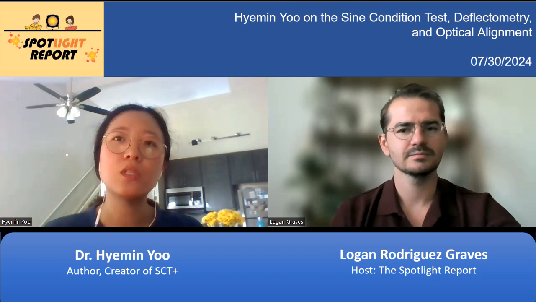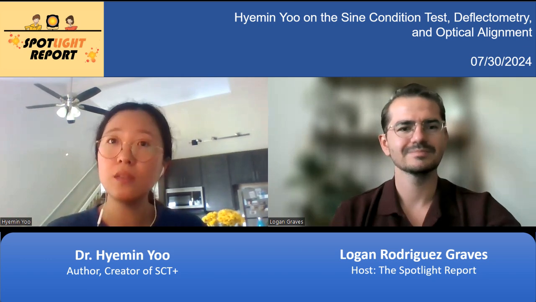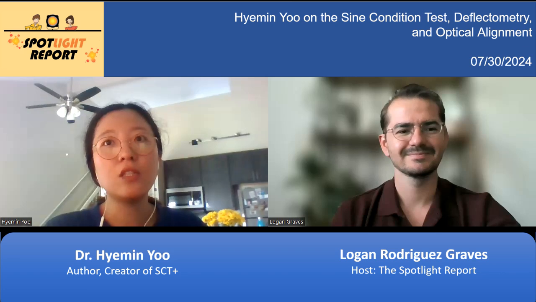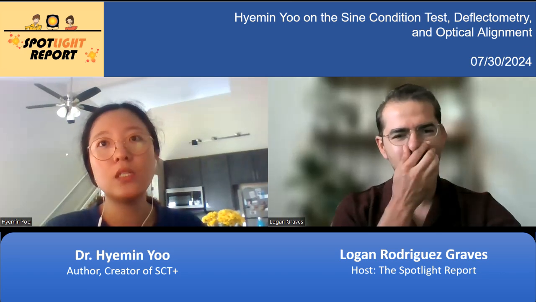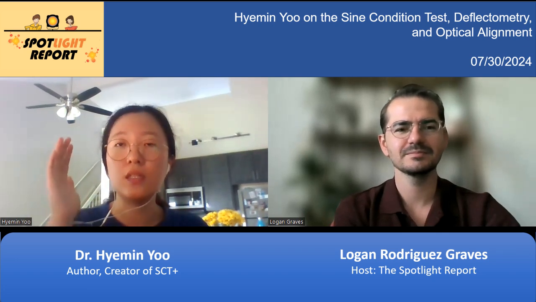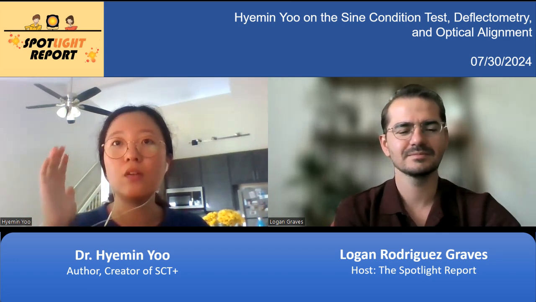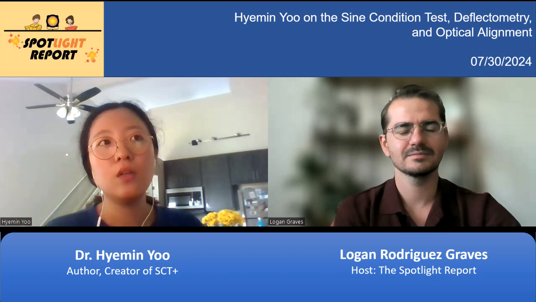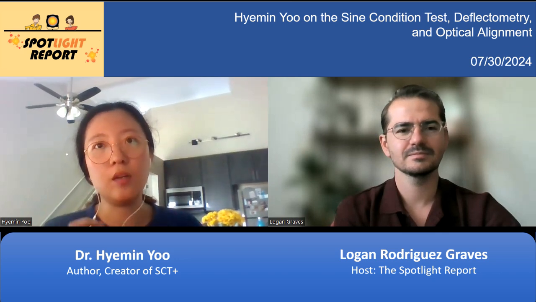In one of the textbooks written by Professor Mahajan, he talks about how these Seidel aberrations and perturbations, like tilt and decenter of an optical surface, can cause these 5 misalignment aberrations.